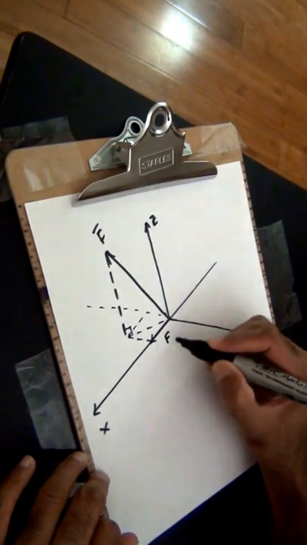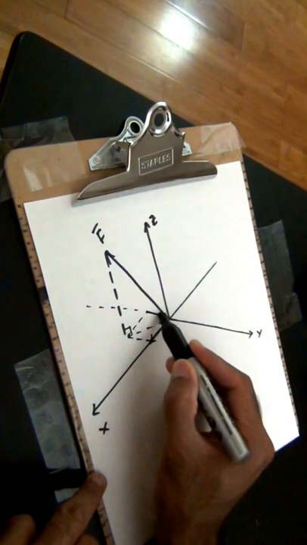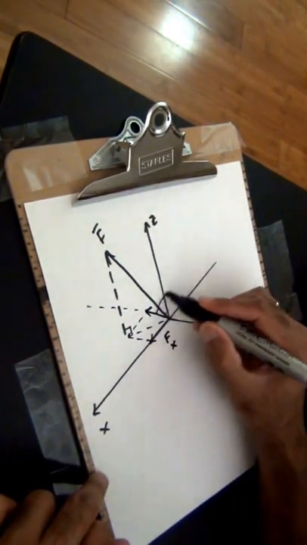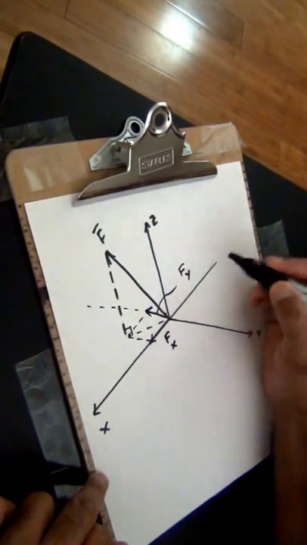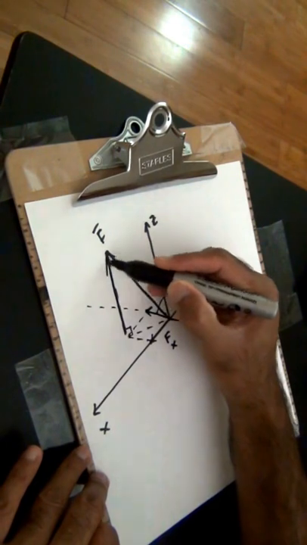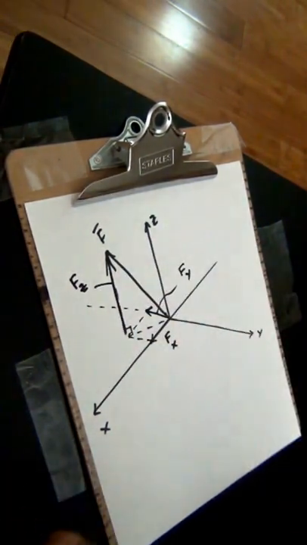So that's going to give me the x component of the force. Then it's going to intersect the y-axis, as you can see, along the negative direction. So that's going to give me F suffix y, and then this guy here is going to be F suffix z.